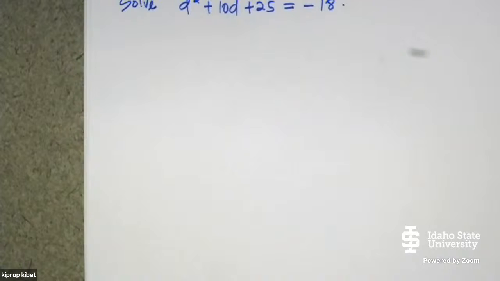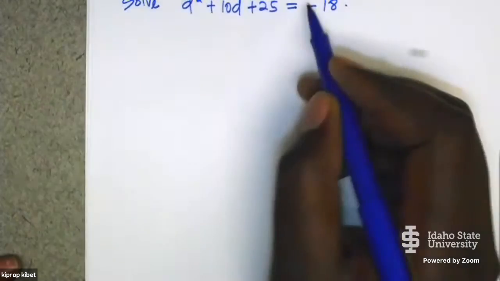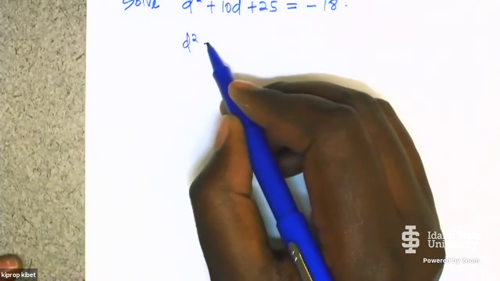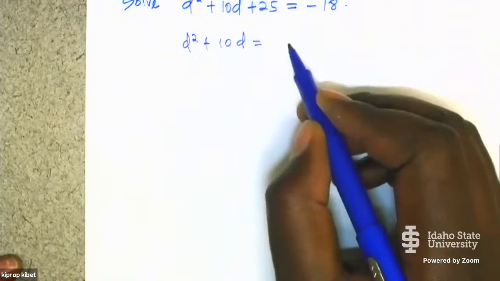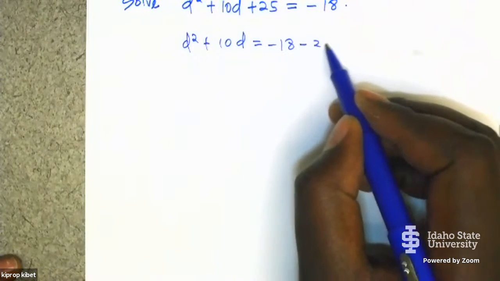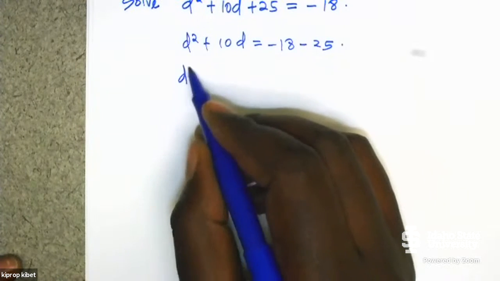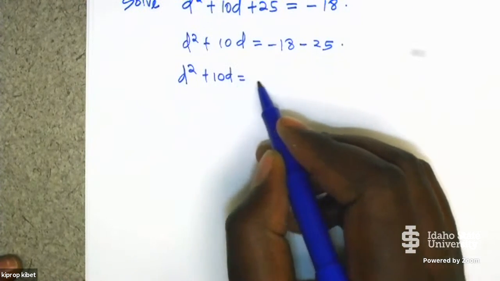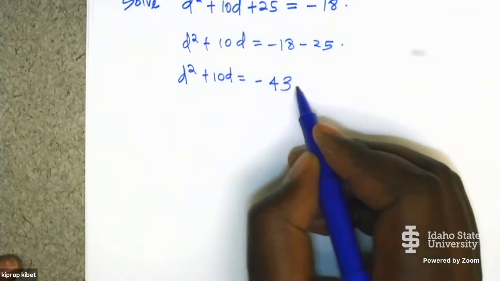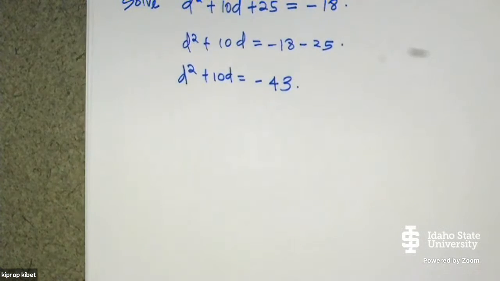Now, we take the other values there. So d square plus 10d equals to negative 18 minus 25. So our d square plus 10d equals to minus 43, right? Minus 43.